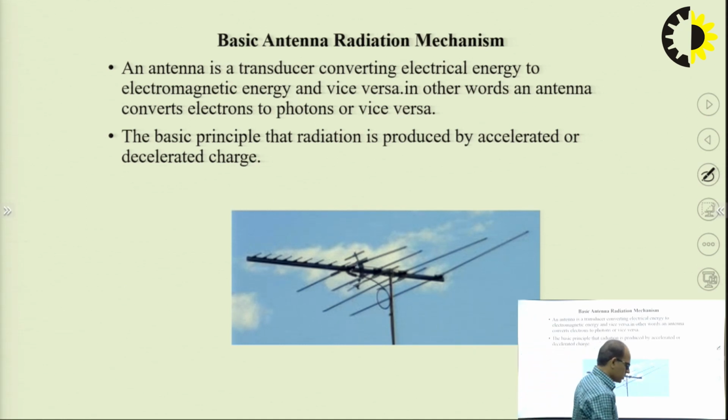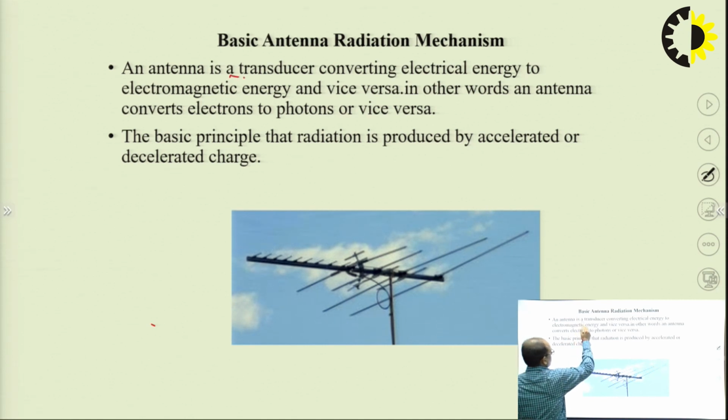To start with the fundamental parameters of antenna, first we will briefly describe the mechanism of the antenna in a very quick time. An antenna is a transducer which converts electrical energy into electromagnetic waves.